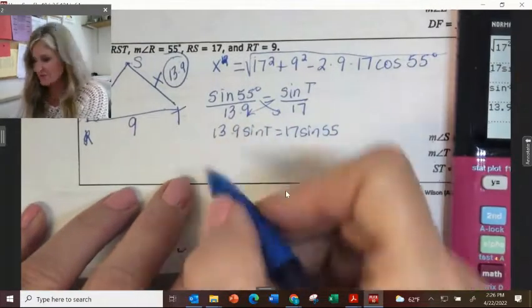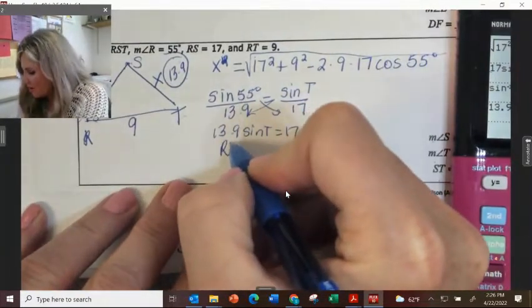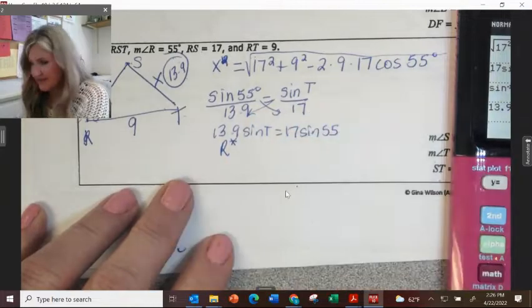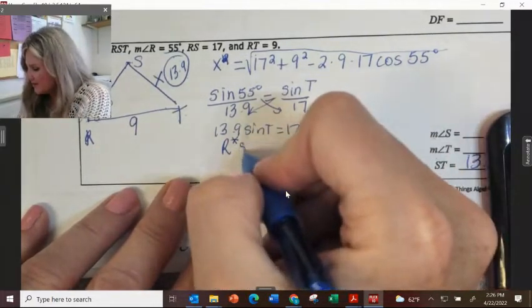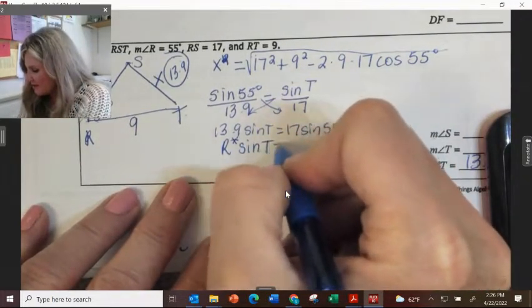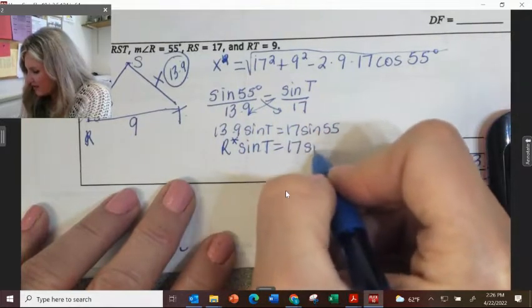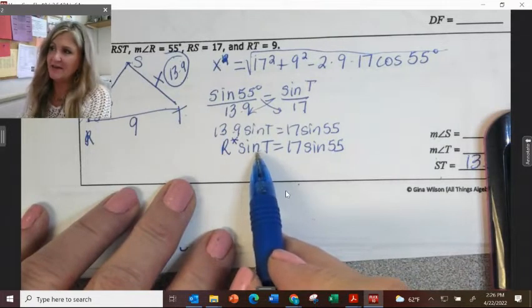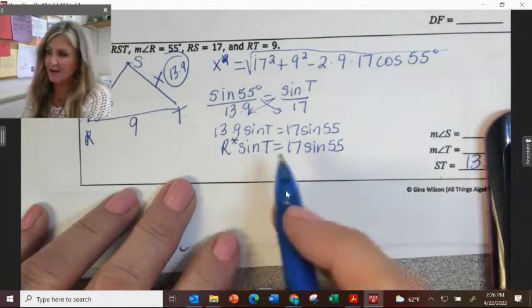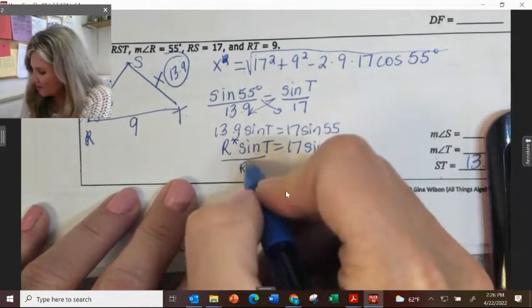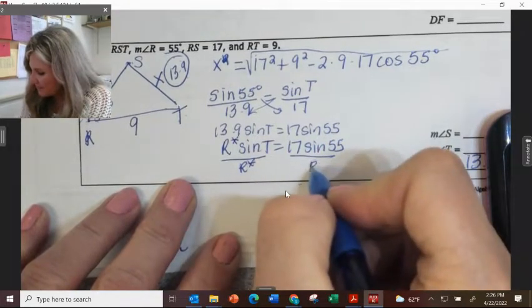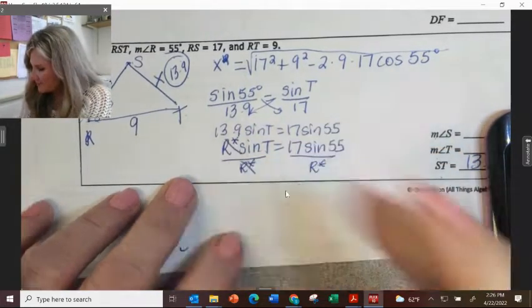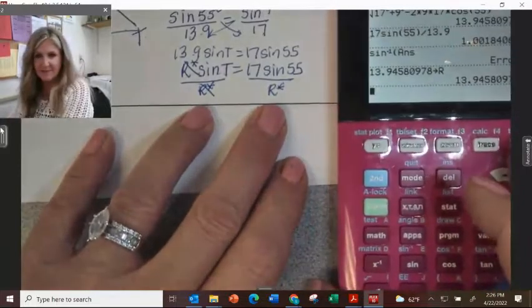So now when I do this problem, it's going to be R, and I'm going to put an asterisk because I know what R is. Sine T equals 17 sine 55. So how would I get T by itself? What do I need to divide by? Divide by that R star, which I know. Okay, so now I'm going to type that in.